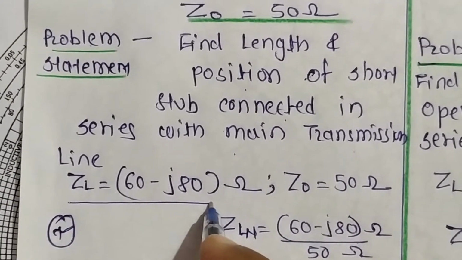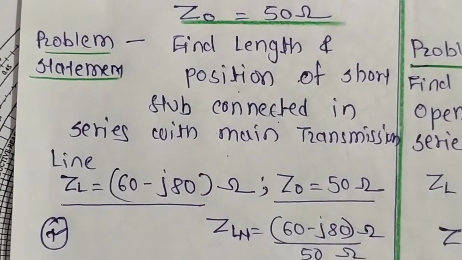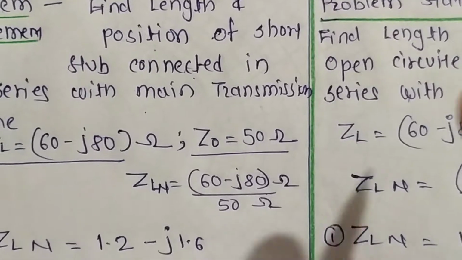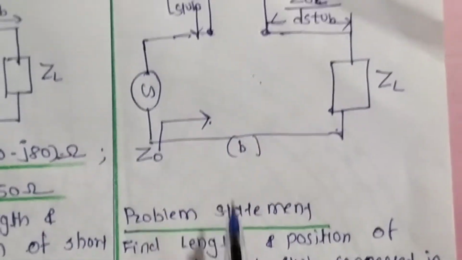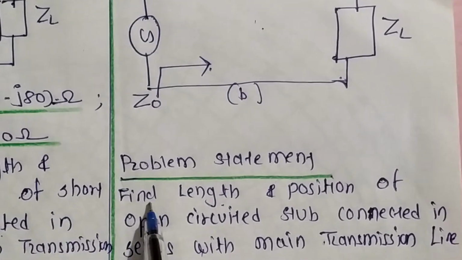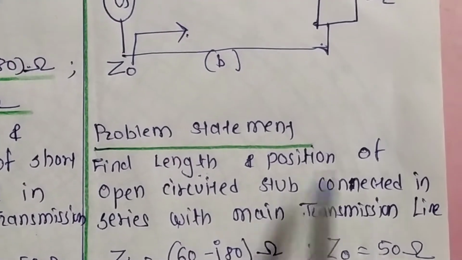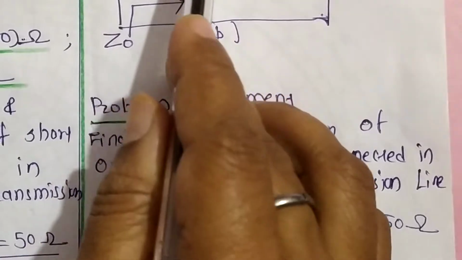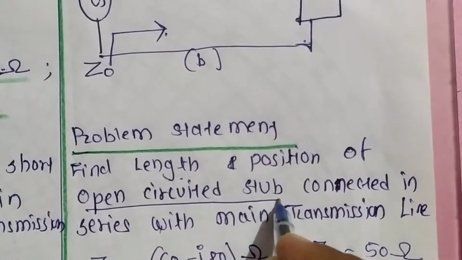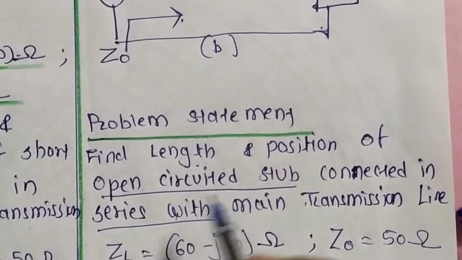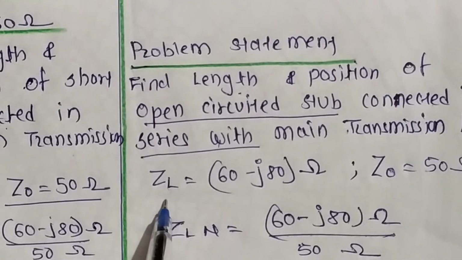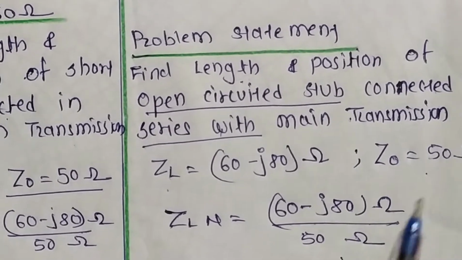The ZL value is given, Z0 characteristic impedance is given. Similarly for this we can frame the problem statement as find length and position of open circuited stub connected in series with the main transmission line. Let's assume the same value of ZL and Z0.